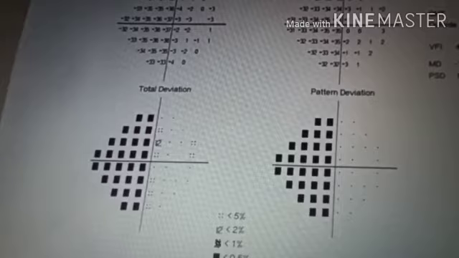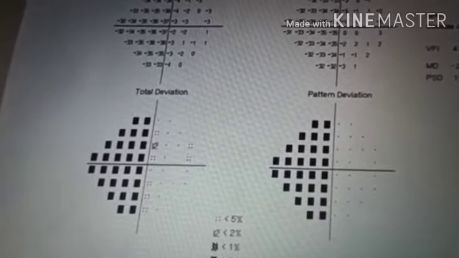The total deviation gives the numerical display which mainly compares the differences between the measured values at different points with the age norm values at specific retinal points.